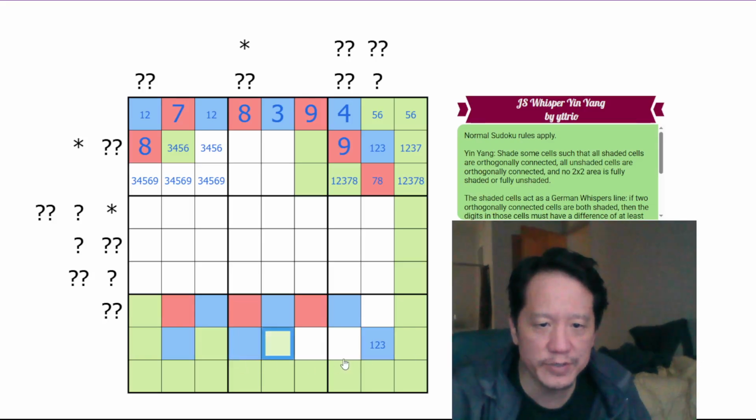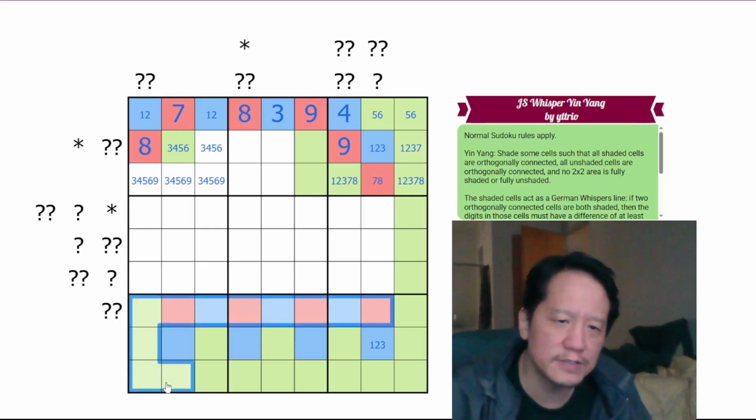That would force this to be green. That would force this to be blue, which would force this to be green because of the 2x2 areas. Therefore, it would have to connect that way. This then could not be 3 in that scenario. So that's interesting. What happens if we don't have that as part of the shading? So then this has to be red.